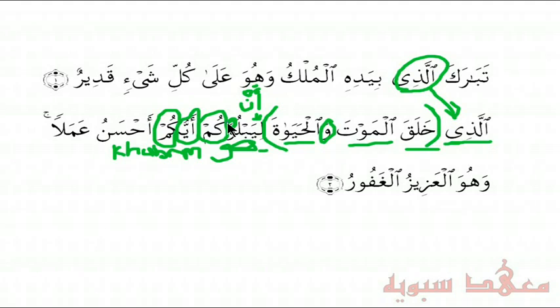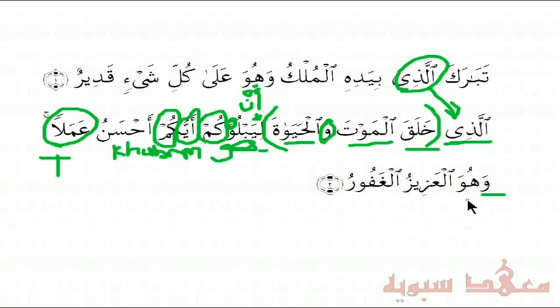The translation of it would be ayyukum, which of you is best. Now when you say ayyukum, which of you is best, in what, you'll ask. So obviously you need a tamyiz, which is amalan, and that's why it's mansub, and that's tamyiz. Then you have the waw, which is atf.